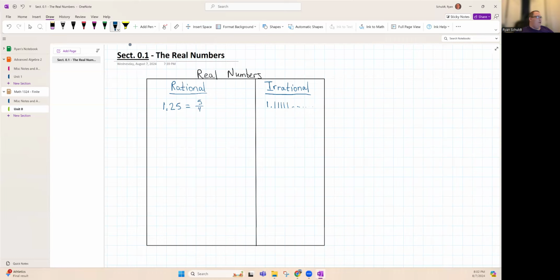That's irrational. Another example would be pi, 3.14159, and it keeps going. Another one is e, 2.71828, and then it keeps going, kind of like how pi would.